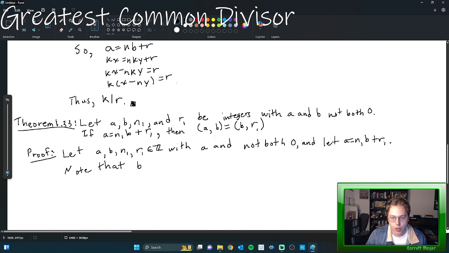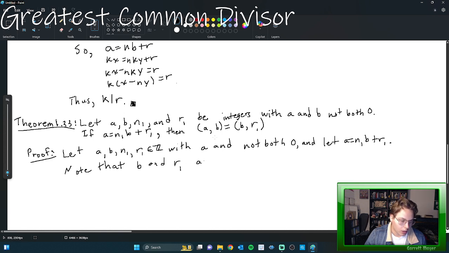If B and R1 are both 0, that means A is also 0, so both A and B would be 0, which violates this definition. So because A and B are not both 0, R1 also cannot be 0. So we're just going to write that out quick.